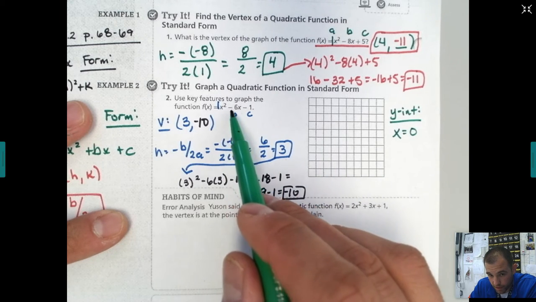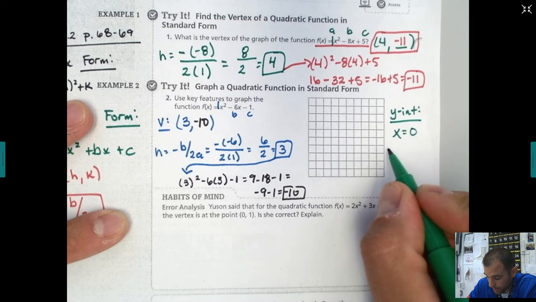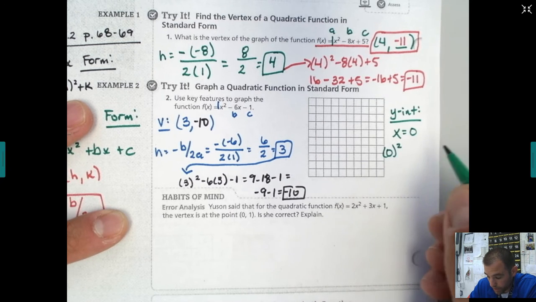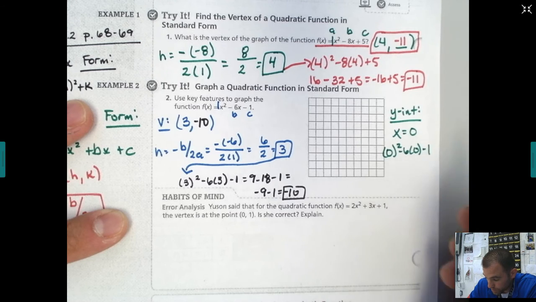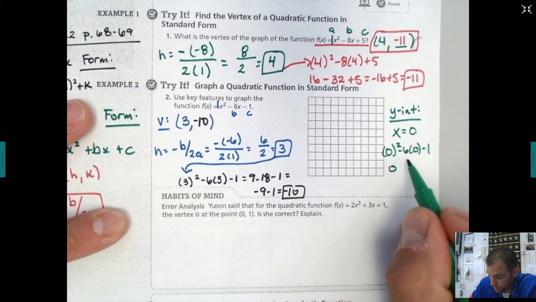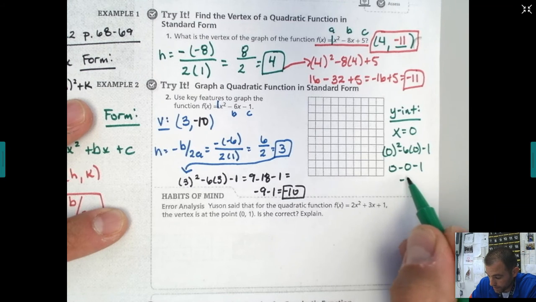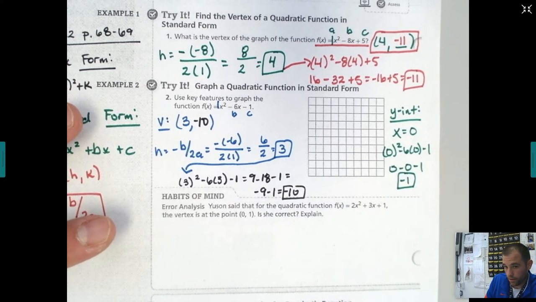Wherever you see an x in the problem, you plug a 0 in. So it would give us 0 squared minus 6 times 0 minus 1. 0 squared is 0. 6 times 0 is 0 minus 1. That's negative 1. So my y-intercept is going to be negative 1.